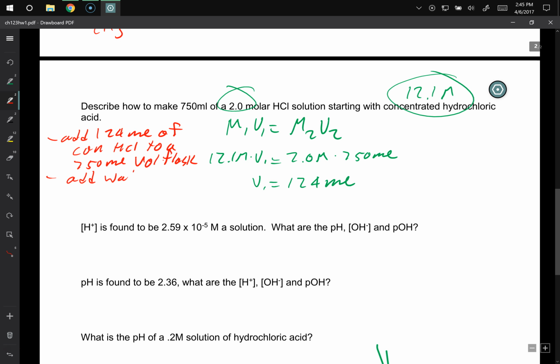Add water near the line, then add water to the line with a dropper. I think I erased that.